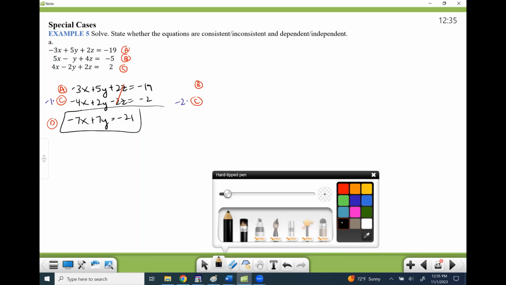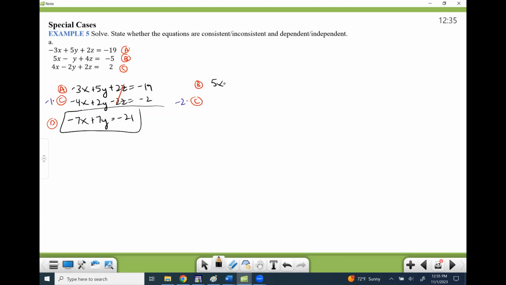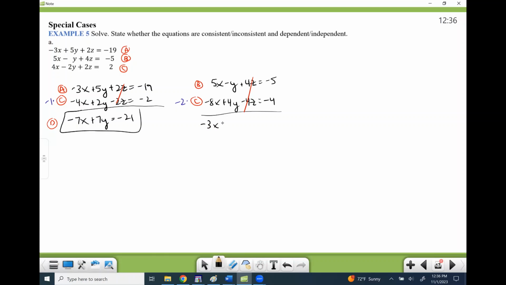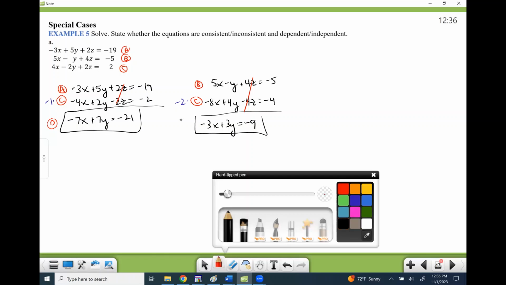So I'm going to write equation B with no changes to it. And then I'm going to multiply by a -2 to equation C. Okay, so then the z's will cancel, and we get -3x plus 3y equals -9. So there's our equation E.